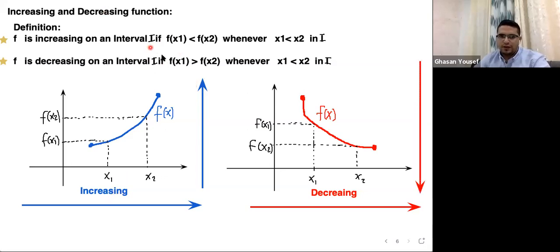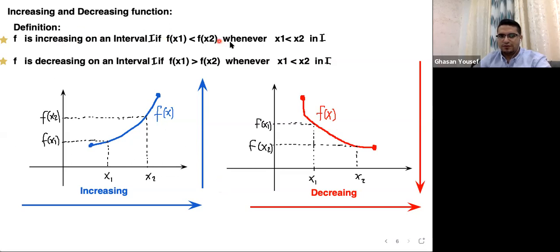If you don't want to use the definition, and I ask you in an example whether a function is increasing or decreasing, start from the left to the right and check how the function looks by eye. It's increasing, going up, like going to the top of the mountain. But for the second function, from the left to the right, you will see the function goes down, so it is decreasing.